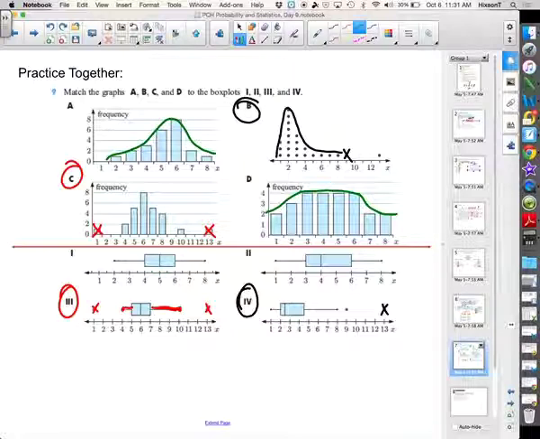Okay. What do you think, Brian? The middle range in D is a lot bigger than the middle range in A. So the middle range in 2 is a lot bigger than the middle range in 1. Okay, so he's looking at the middle 50%. The range there from 3 to 6 is broader than here.